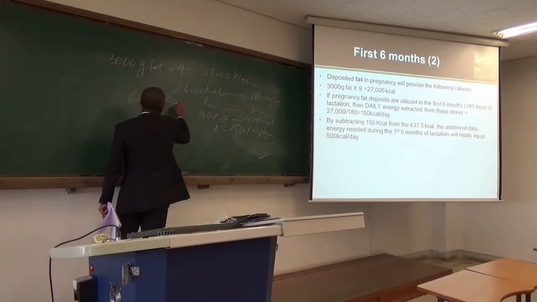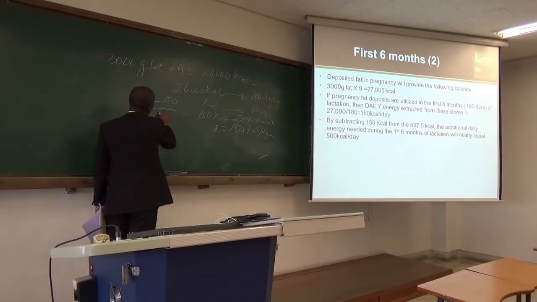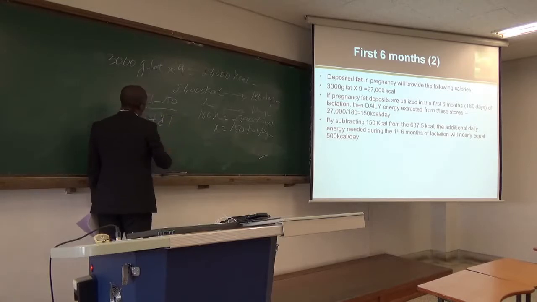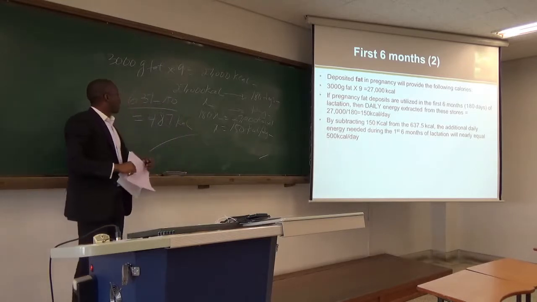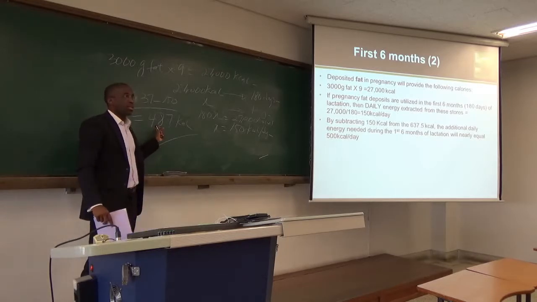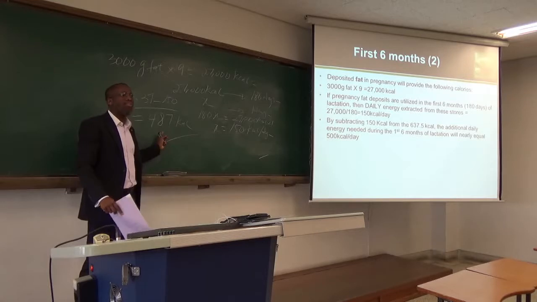Around 150. How much do we get? 487, right? So we have 487 kilocalories. So the 487 kilocalories is not far from the 500 kilocalorie actually that we need. This is why we say that the mother needs around 500 kilocalories.